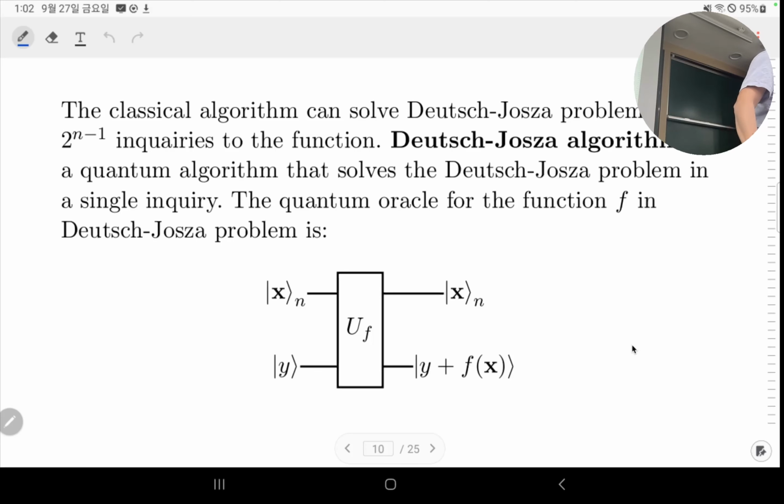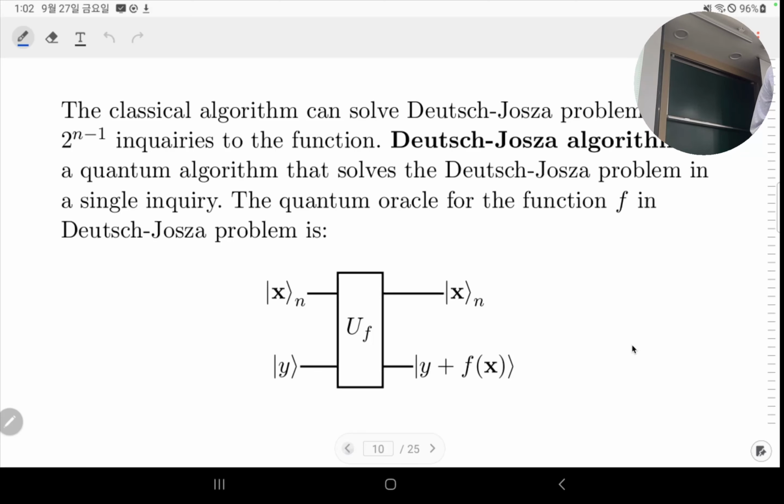Okay, let's start from where we stopped. I'm going to explain Deutsch-Jozsa algorithm again, and I'm going to walk through in detail. So the Deutsch-Jozsa problem is to find whether the function is balanced or constant.